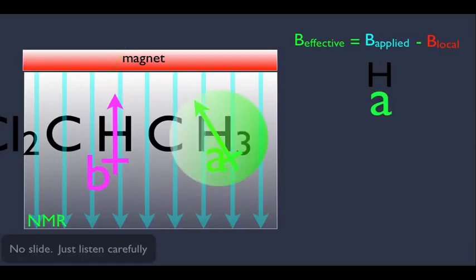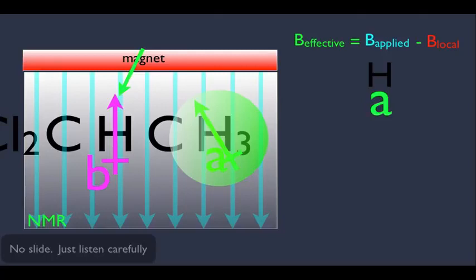And let's consider this green bubble right here. That's representing that hydrogen's B effective. So if the B hydrogen gets stuck in this orientation, notice its direction compared to the B field applied by the NMR. It's pointing in the opposite direction. So the B hydrogen's magnetic field is going against the B applied field.